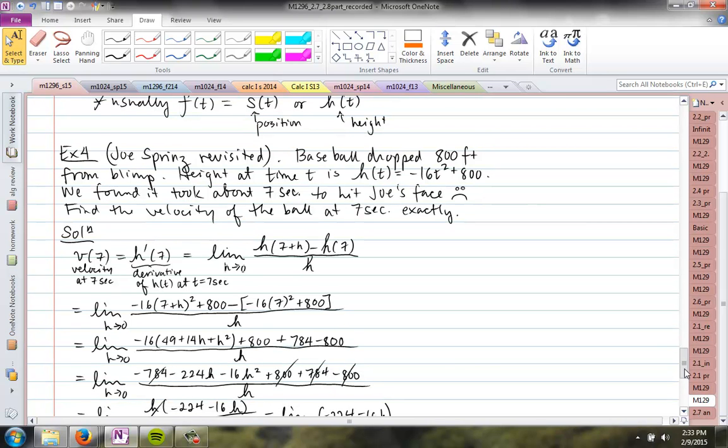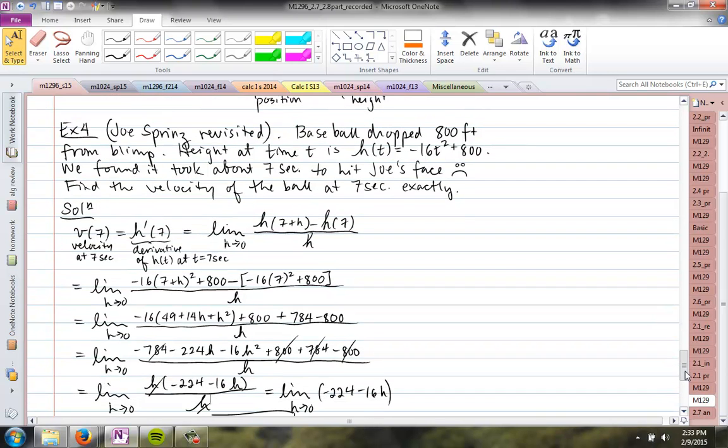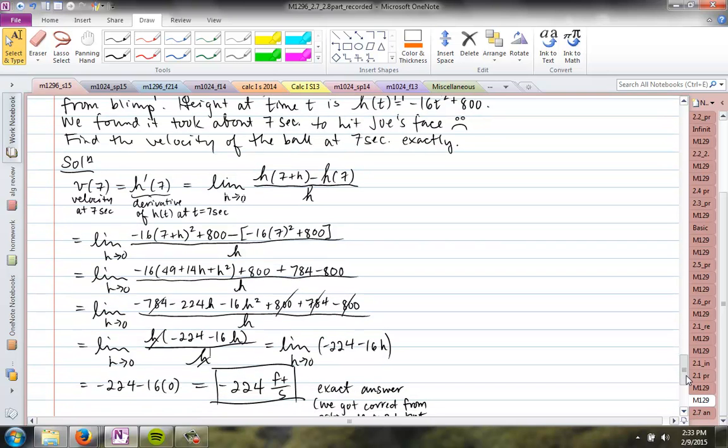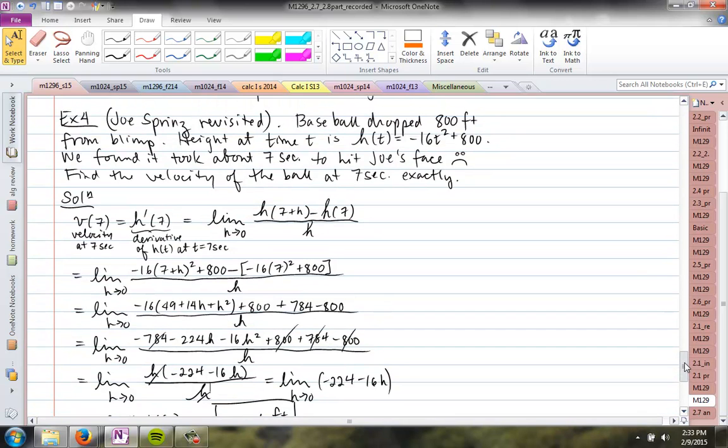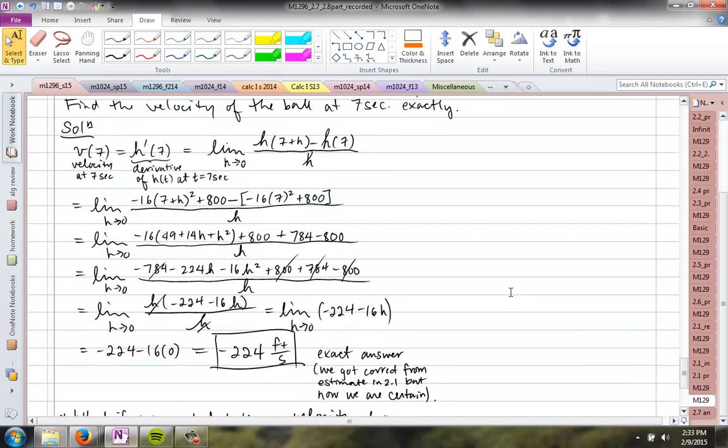So here we're using our newfangled definition, and we're plugging in our function with 7 plus h, replacing the t, I think is the variable I use, yep. And then we minus h of 7. So expand, simplify on the top, and you end up with a pretty simple function that you can factor out an h, which cancels with the h in the denominator.